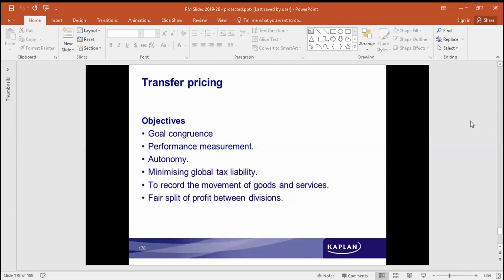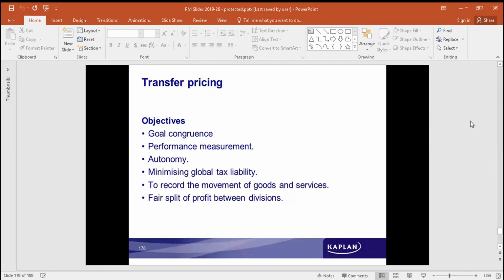We did discuss one question on transfer pricing where, because of differences in the tax rate, would it be appropriate to buy from the local supplier, or to transfer the material to other units of the organization located in other countries?